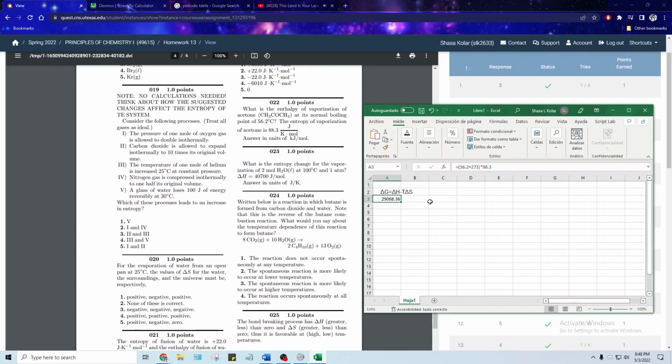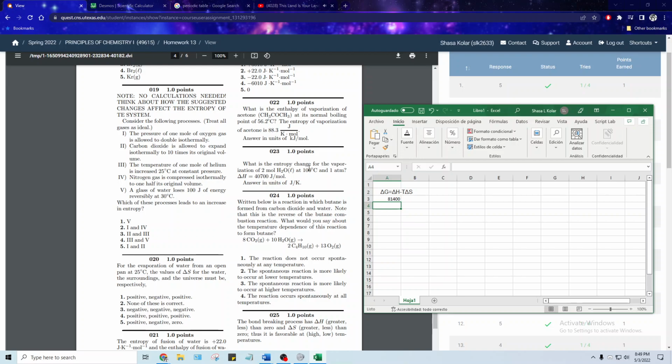And then number 23. I actually got this wrong the first time, so of course I did. What this is saying is, for every mole, our delta H is 40,700. We have 2 moles, so our delta H is going to be 81.4 kilojoules. And it wants to know what our entropy is going to be.